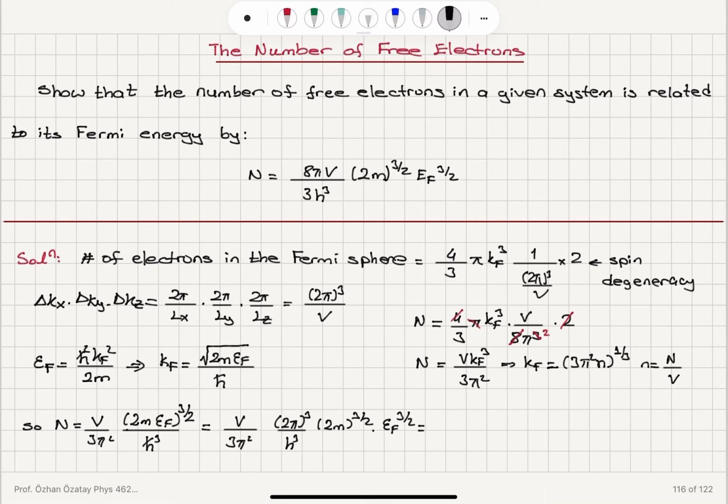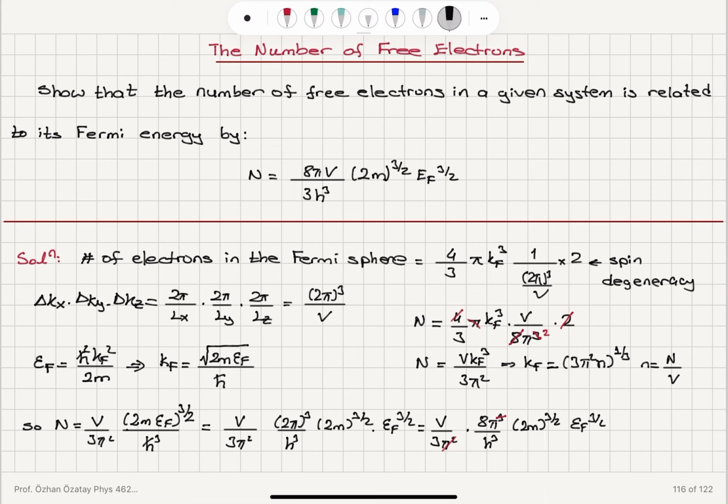So this is going to become the volume V divided by 3 pi square multiplied with 8 pi cube divided by Planck's constant cube multiplied by 2m to the power 3 over 2 E Fermi to the power 3 over 2. Now we see that this pi square will make the pi cube upstairs pi. So it will get rid of this 3.